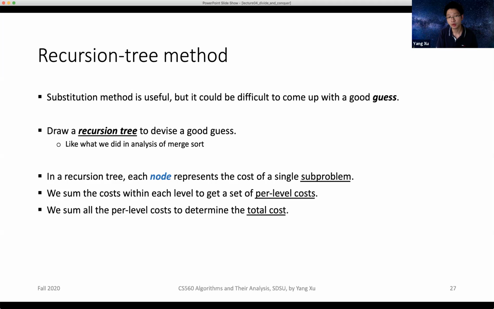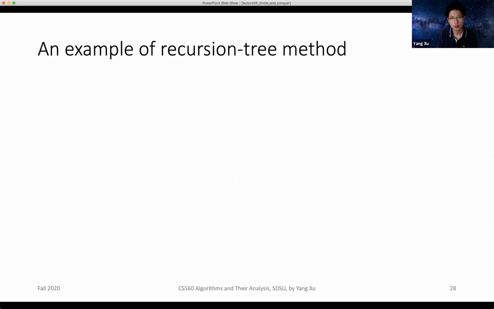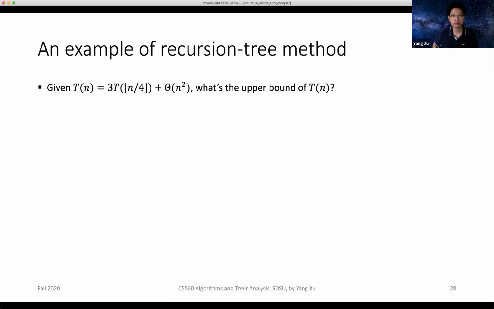And we sum up all the per-level costs to determine the total cost, because we use the node to represent the cost for each subproblem, and the solution to the original problem consists of the solutions to all the subproblems. That's why we need to sum up all the nodes. So let's use an example to show how this method works.